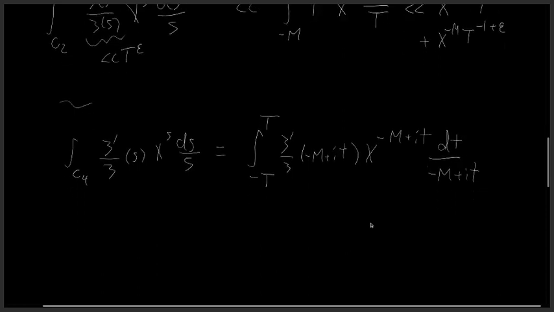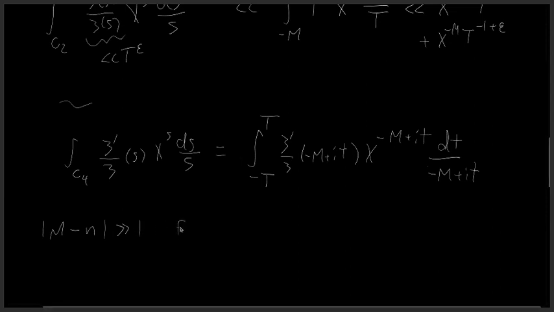And again, here we need to choose m such that it is sufficiently far from even integers. So let's say it is uniformly bounded away from any integer.